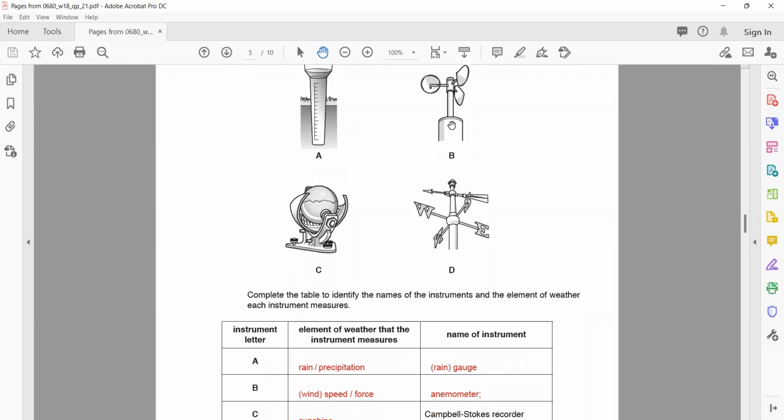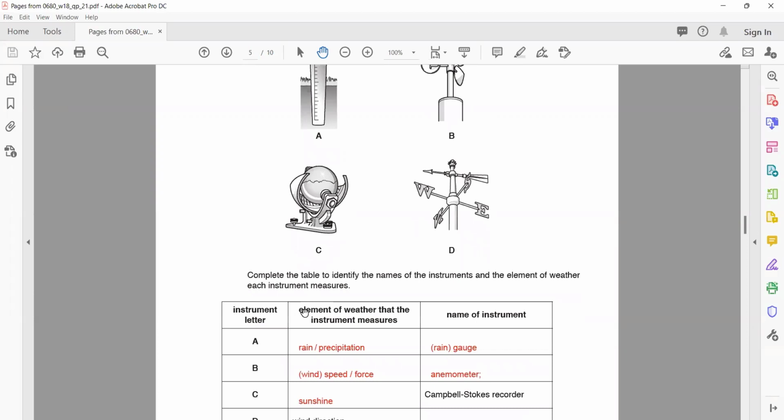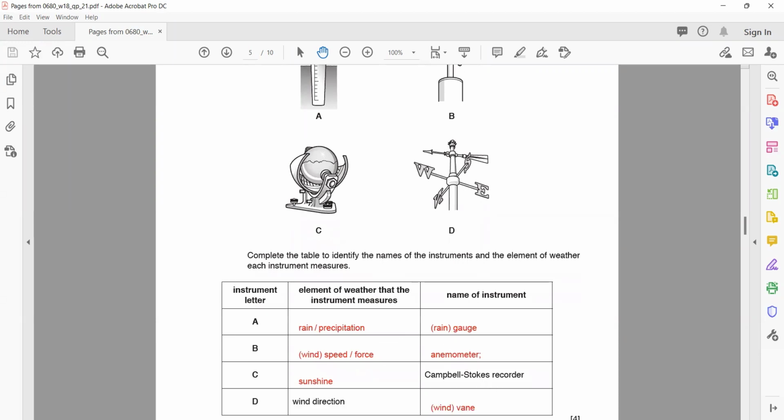B, you can see B is for wind force. It's known as an anemometer. This is to find the wind speed or force. After that, C is used to know the sunshine. It's known as a Campbell-Stokes recorder. It will tell you how much sunshine there was on this day, or whether there was sun or not.